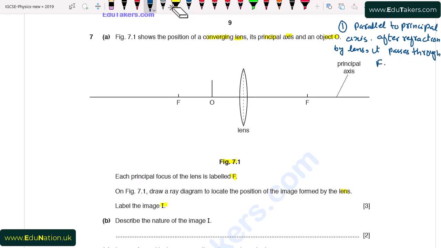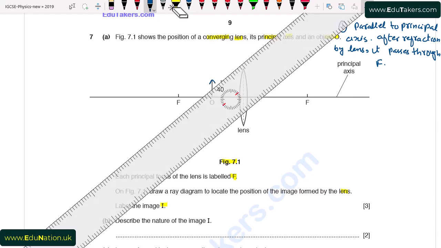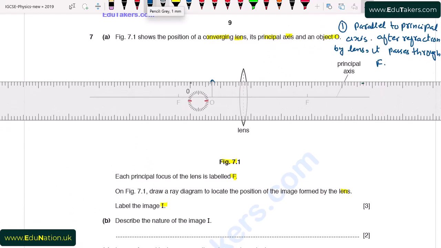Now I am going to draw this ray. This is the object. I use a ruler and draw a line.